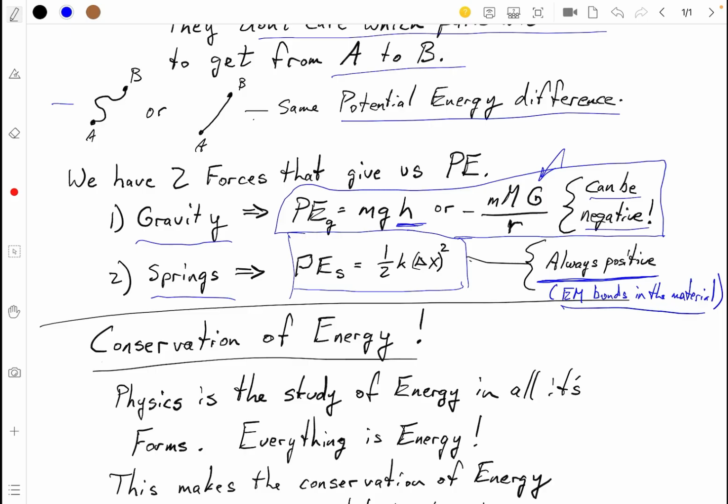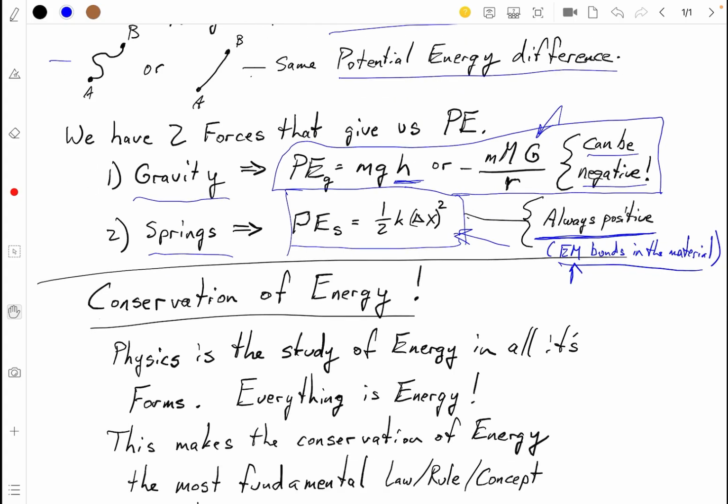I just want you to know this. They're springy because of the electromechanical bonds. So again, we're dealing with electromagnetism, just like the magnets. That's what gives us our spring potential energy and the conservation law, and it all comes down to electrical bonds.